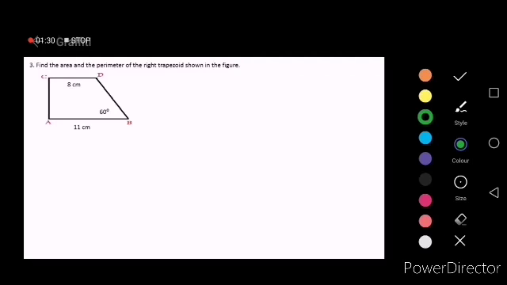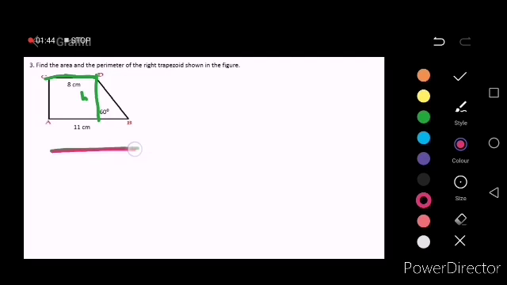Pero may pwede tayong gawin. Pag babalikan natin yan, ito, no? That is h. Kung ito ay 11, at ito ay 8, yung nasa taas ay 8. Ibig sabihin, mula dito hanggang dito ay 11. Kung 11 yan, ano kaya ang possible na sukat nito? Aba, tama.